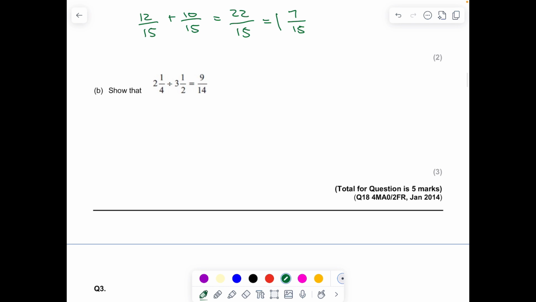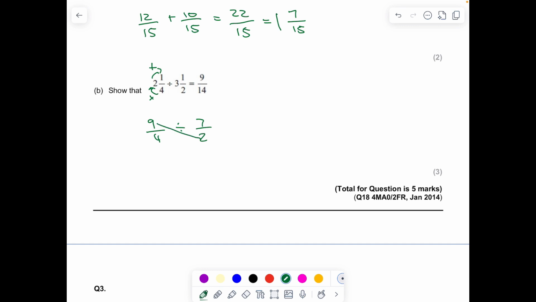Okay, next one, you're going to have to turn them back into improper fractions. So 2 times 4, add 1, gives you 9 quarters. Do the same to the other, 3.5, and that becomes 7 halves.